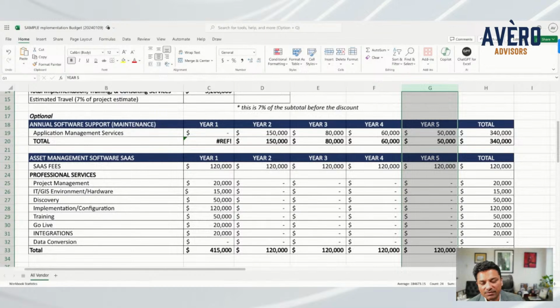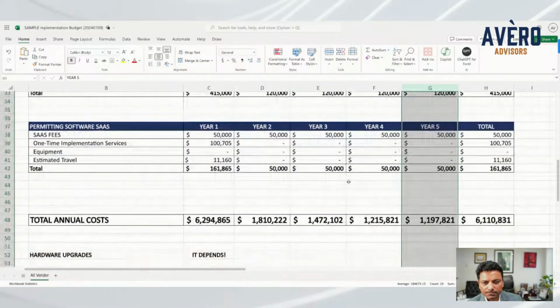But at this point, you'll have the option of staying with the vendor or choosing something else, but you might have to go through the whole process again. So accounting for total cost of ownership needs to include what happens through the length of the contract.